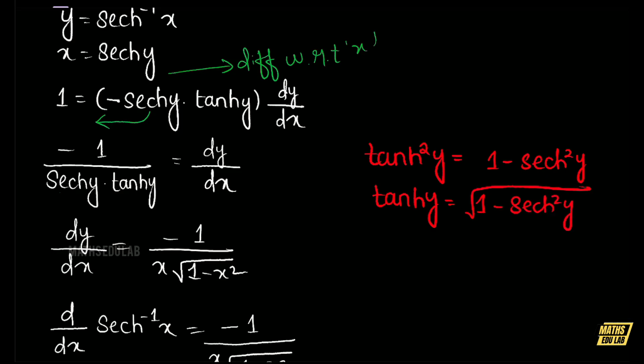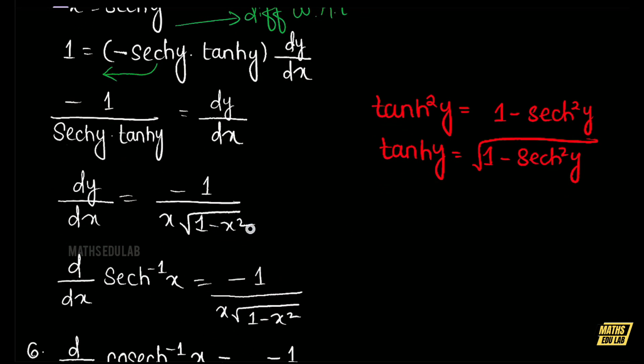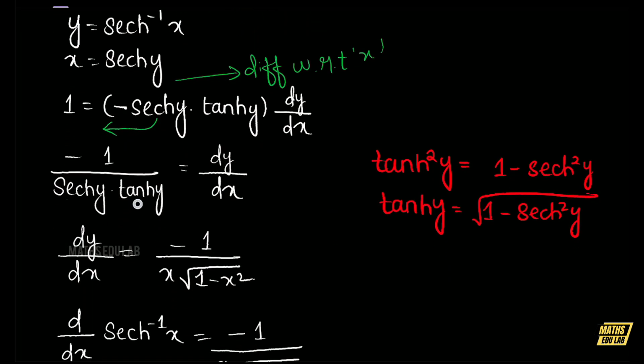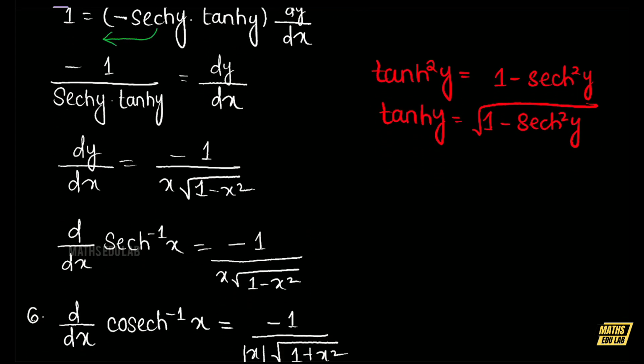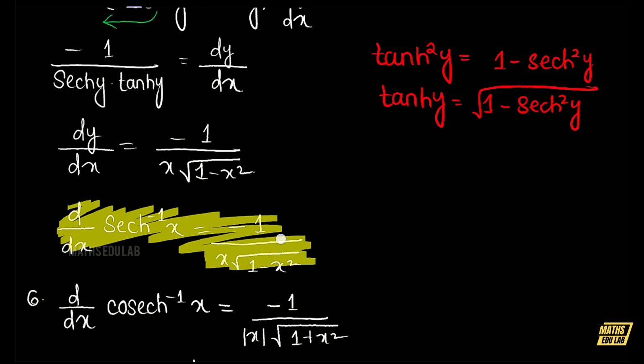In the same way, x is nothing but sech y. So we get root over 1 minus x square, and y is nothing but sech inverse x, which is equal to minus 1 upon x root over 1 minus x square. So this is the formula of the derivative of sech inverse x.